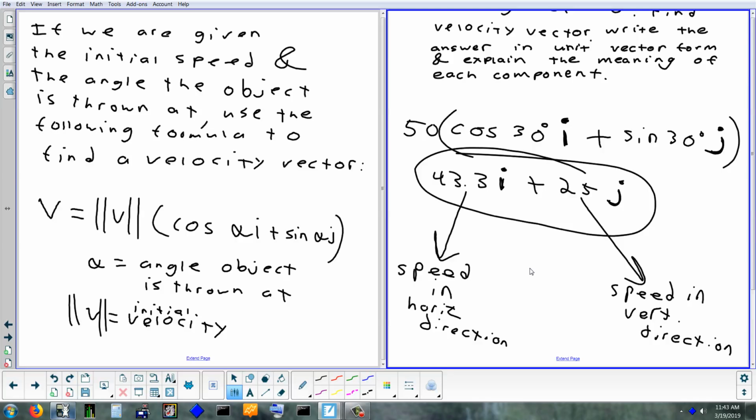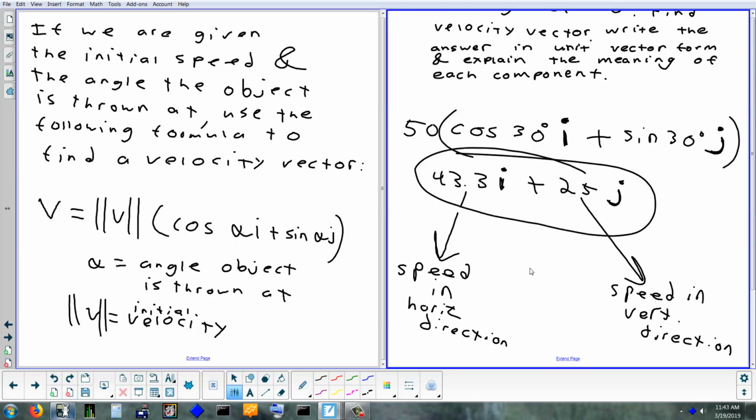What happens to its vertical speed? Yeah, it slows down. Okay? In the absence of wind or any kind of resistance like that, horizontal speed never changes. Never changes, because gravity doesn't affect anything moving horizontally. It only affects something moving up or down.